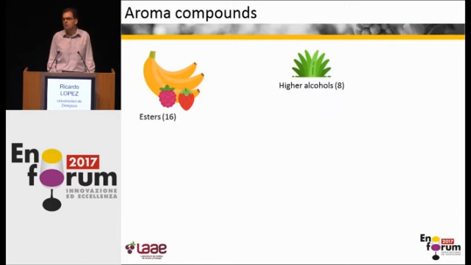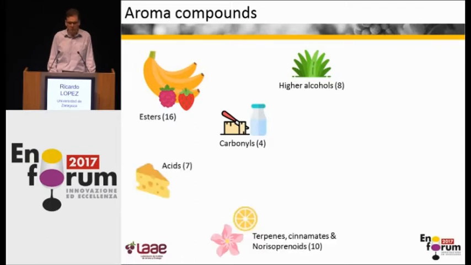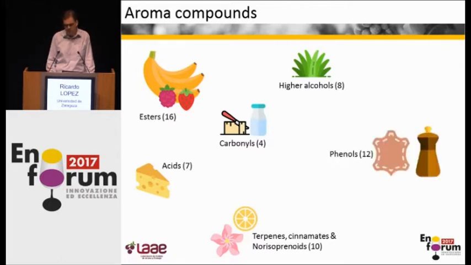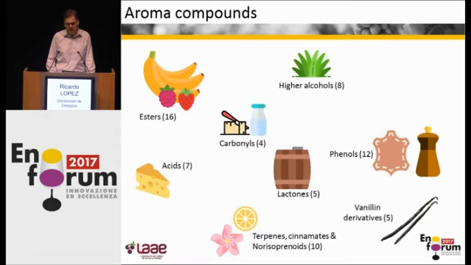The 8 higher alcohols quantified are responsible for the herbaceous or fusel aroma. 4 carbonyls we can relate with lactic aroma. 8 terpenes, cinnamates or norisoprenoids are related with citric or floral notes. Phenols are related with leathery or spicy aromas. Lactones, including whiskey lactone, vanillin derivatives, and of course, the alkyl methoxypyrazines, responsible for the off flavor of bell pepper that we can find in some Cabernet Sauvignon.